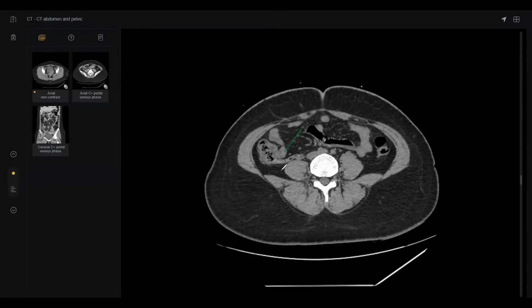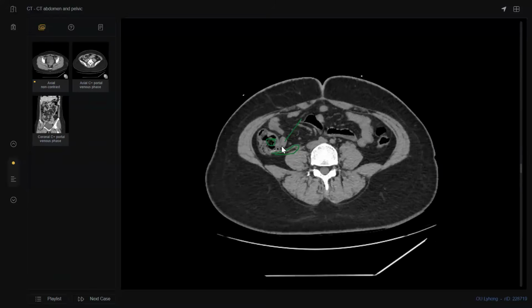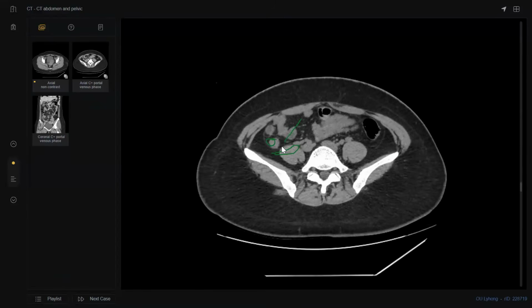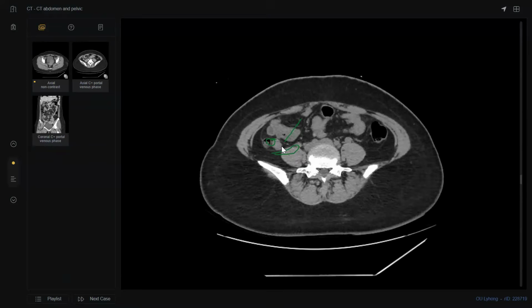The green one is the ileum. This one is the appendix. This one is the ileocecal junction. Very important. Follow them, please. At least we catch our normal anatomy.